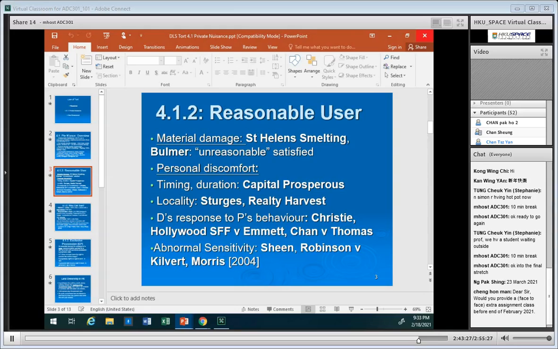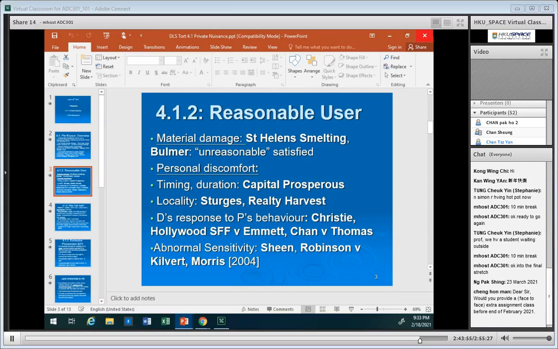Then that will be unreasonable interference. But what about the less tangible interference? Well, this is where the court will look at various factors. Timing and duration, well, that's Capital Prosperous and Sheen. Remember, the court said having a shower at night time is not unreasonable time, because Hong Kong people go to bed late, okay?